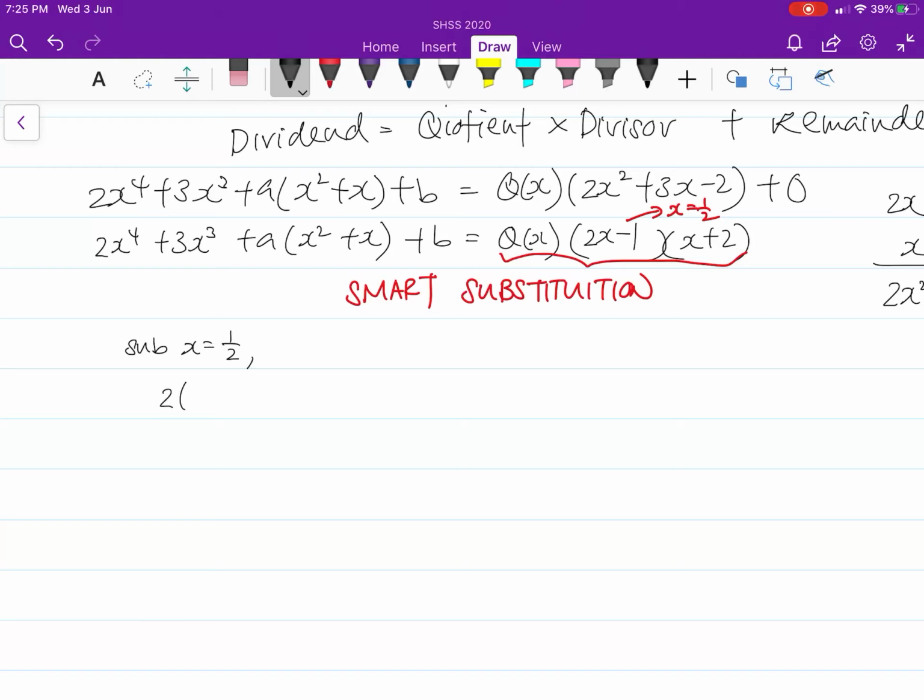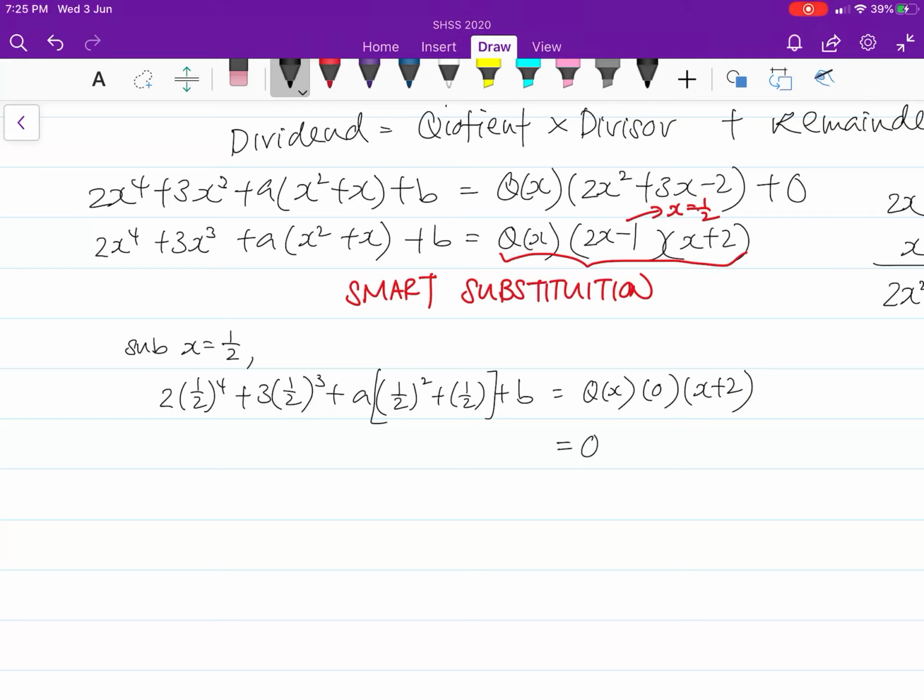Then I have 2 half to the power of 4 plus 3 half to the power of cube plus a bracket, this is half square plus half plus b. And because I substitute half, it's times 0 times x plus 2. Now 0 times anything gives you 0. Okay, so I just need to work out what's in front.